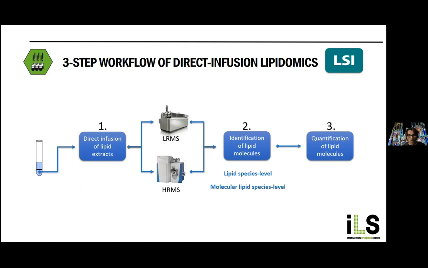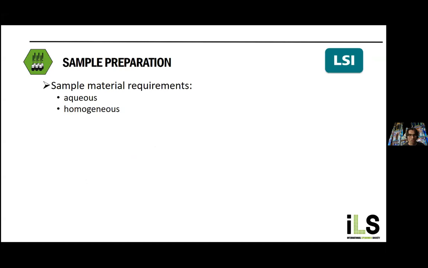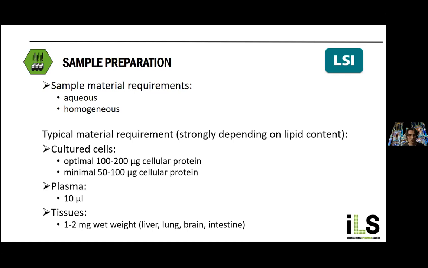methods. Here I would love to discuss sample preparation first. And what do we need? We usually have aqueous materials, and if we have solid materials, we have to homogenize these materials. Typical requirements are 100 to 200 microgram cell protein.